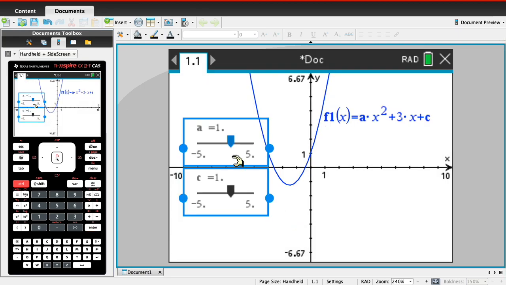Okay, so here we have an equation. So notice, whenever I have my a value equal to 1, it's opening upwards. Notice how it's opening upwards, right?